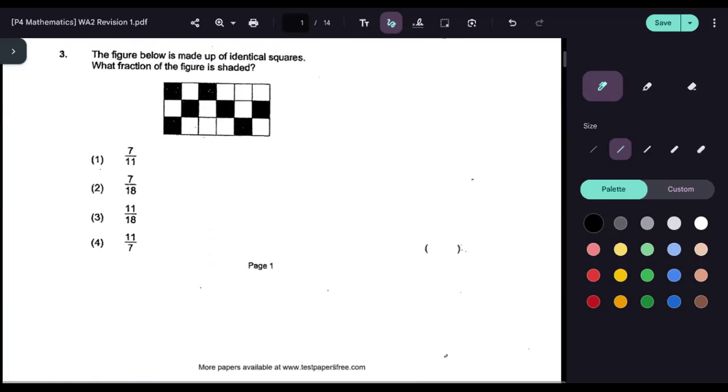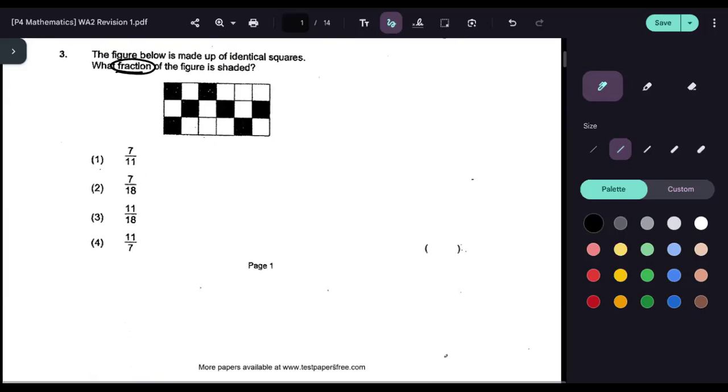Question number 3. If you have any questions, you can type in the comments, I will see. The figure below is made up of identical squares. What fraction of the figure is shaded? You realize I circle the word fraction because some people will count 1, 2, 3, 4, 5, 6, 7.